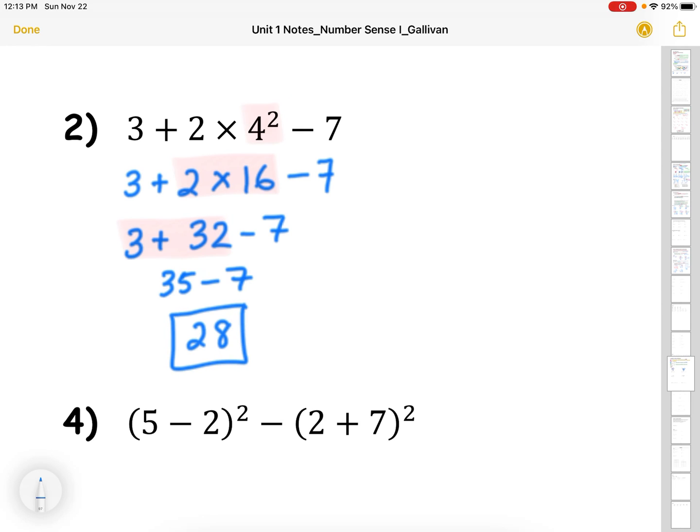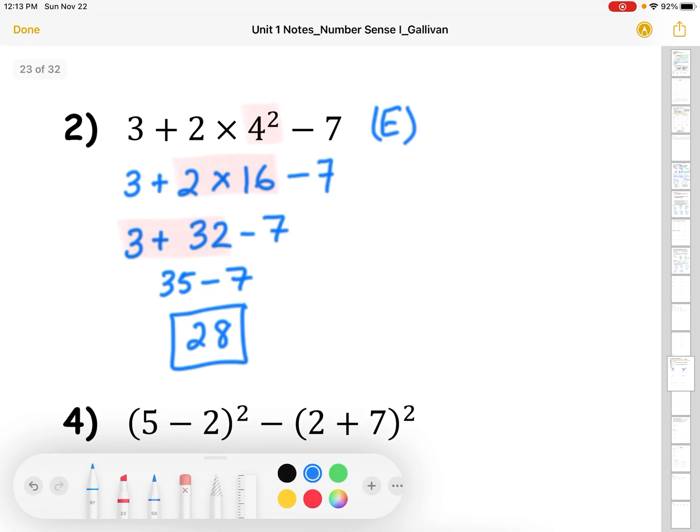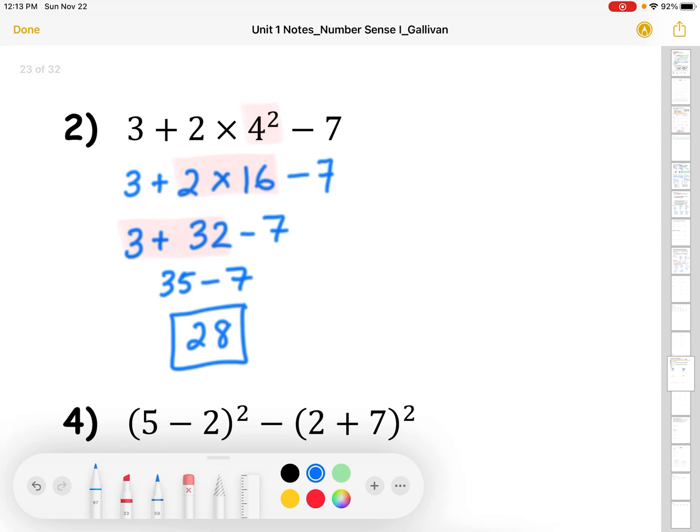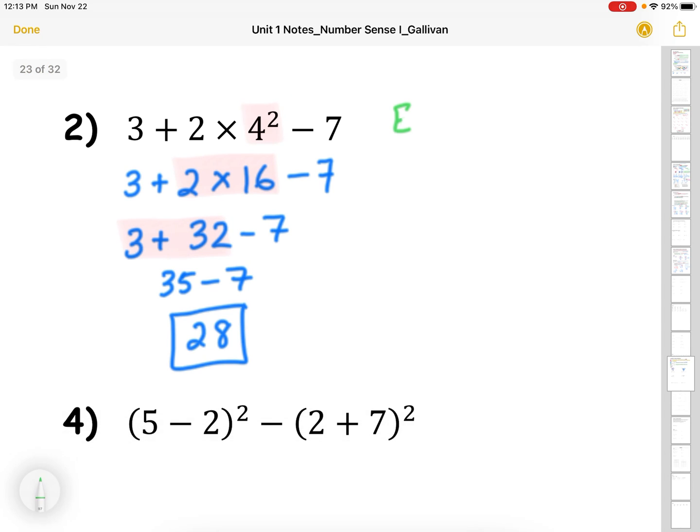Okay, all right, step by step by step. So here we did exponents. Actually, let me write it in a different color. Here we did exponents, then multiplication, then addition, and then subtraction. Okay? And this was from left to right.